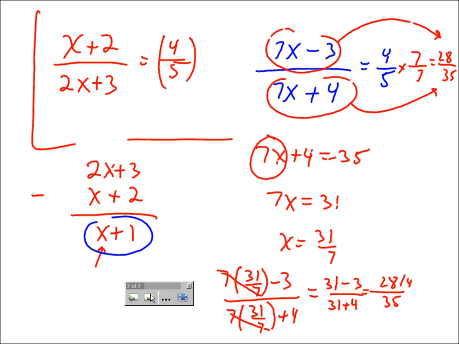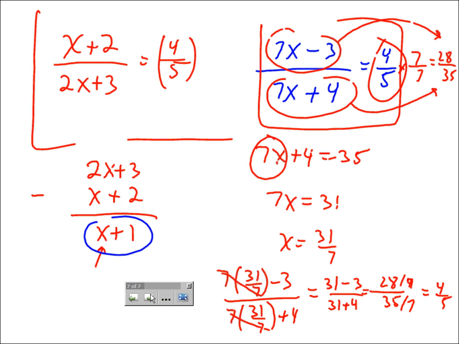I can divide the top and bottom by 7, and I get 4/5, just like the original equation said. That is how you solve these rational type equations.